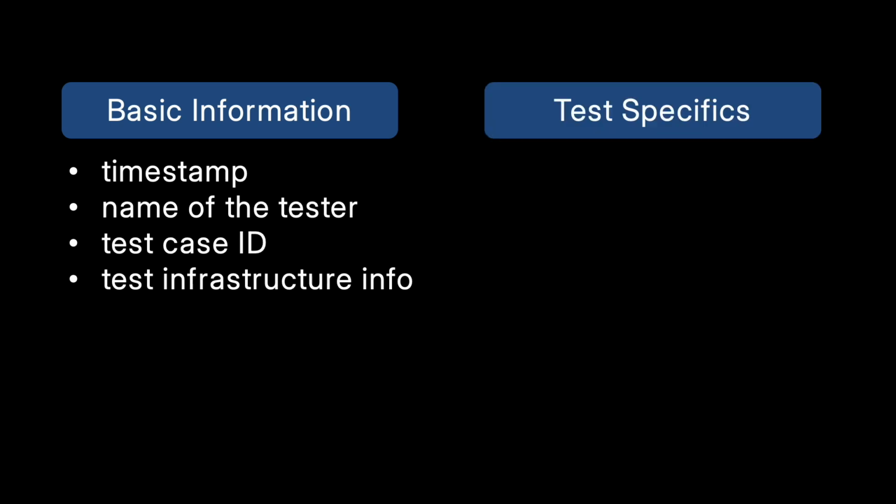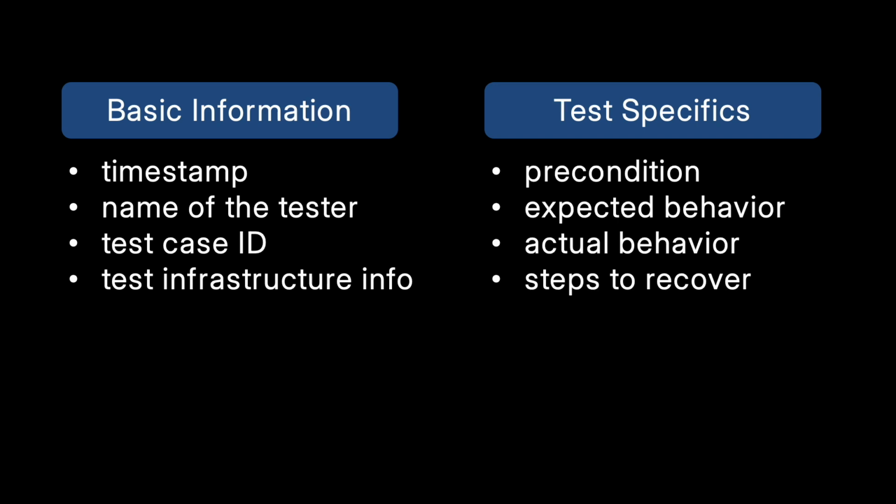And then there are specifics for the individual test. That's the main part of the issue report, with the description of what happened. Starting with a precondition, those are the relevant states to get into the error. The expected behavior, which usually derives from the test case steps, and what actually happened. That should include the deviation from the expected behavior.